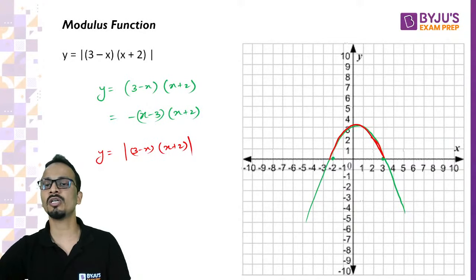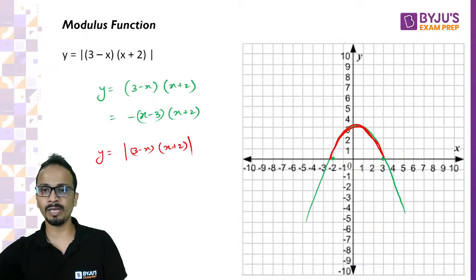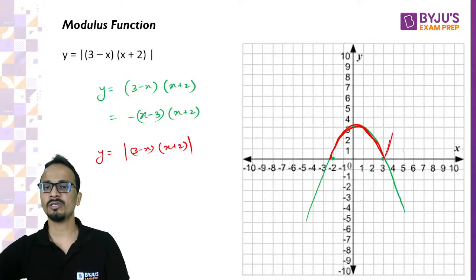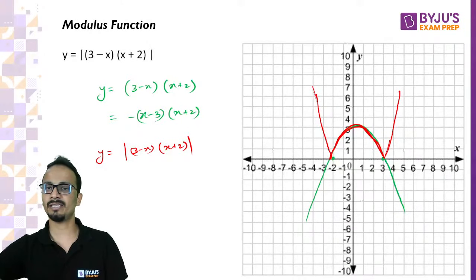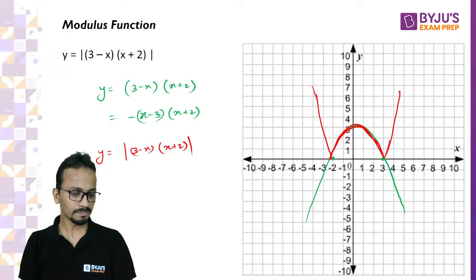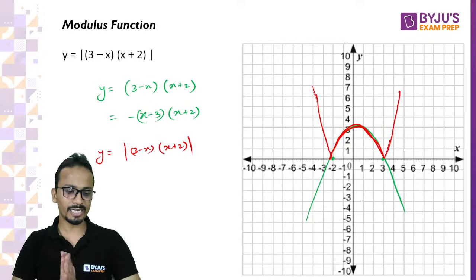And the portion which is below will be reflected. So the green part will be reflected and the new graph will be something like this. Right? Siddharth, getting all these things?